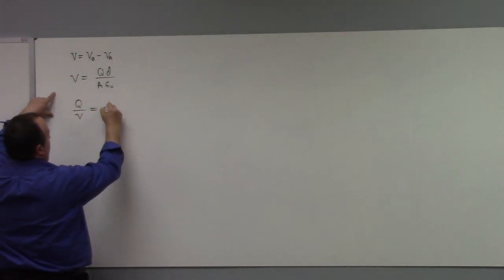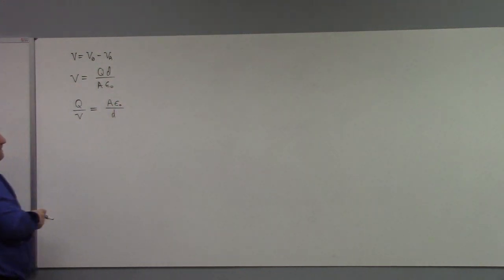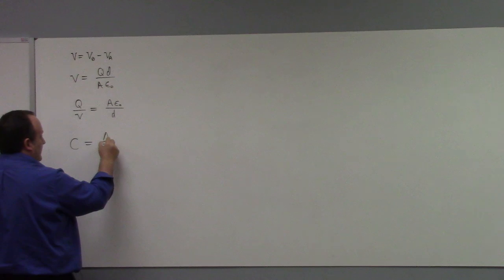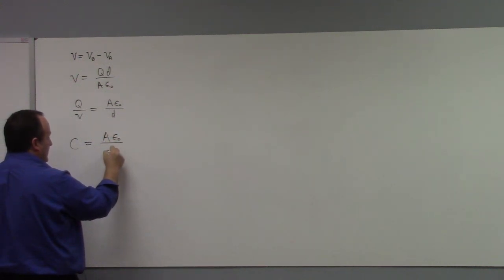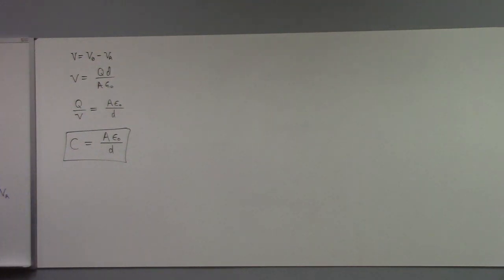Looks like I've got A epsilon naught over D, right? For this example, that's the ratio of the charge to the change in voltage between the plates. And as such, we have found the capacitance for a parallel plate capacitor is simply given by the area times epsilon naught divided by D. And again, that assumes that there's an air gap between them.